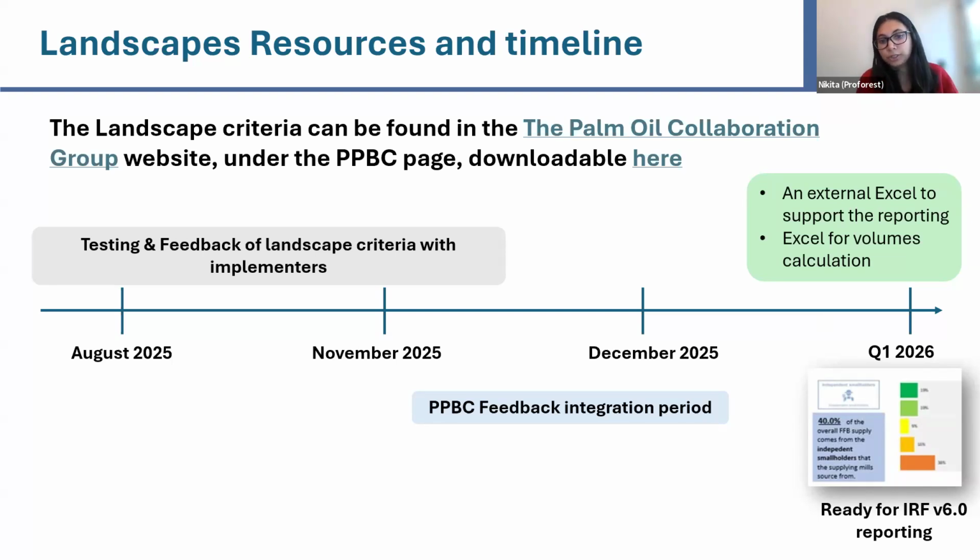Once we've integrated all of the feedback, we will provide an external supporting Excel tool to help reporting on the criteria for landscape initiatives, as well as an Excel for the calculation of volumes. And in Q1 of 2026, the landscape criteria will be ready for IRF reporting.